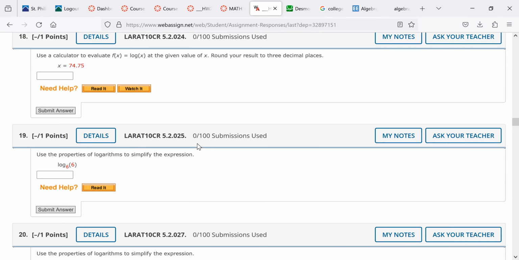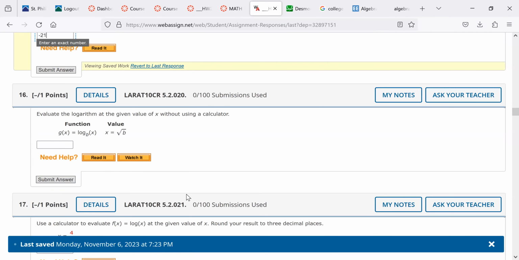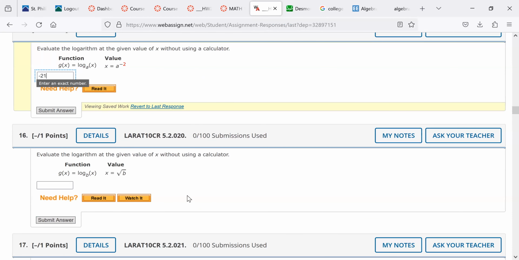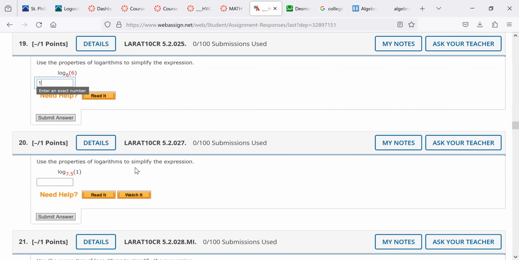All right. Log base a of a, oh yeah, they match up and there's no power. That's just going to be 1.